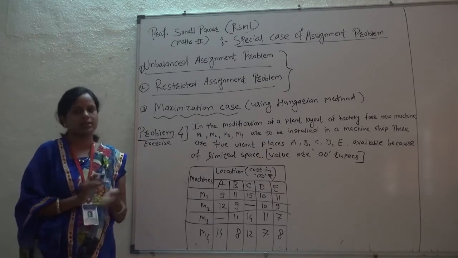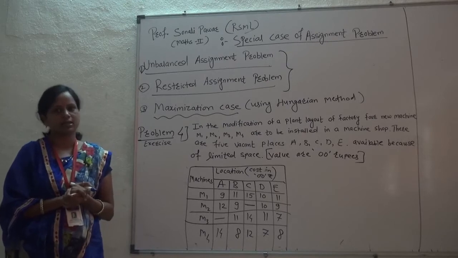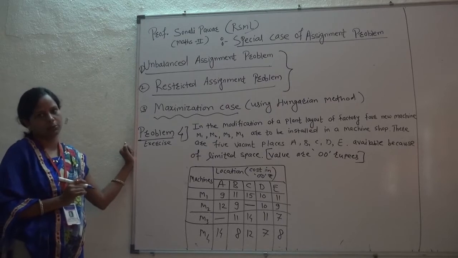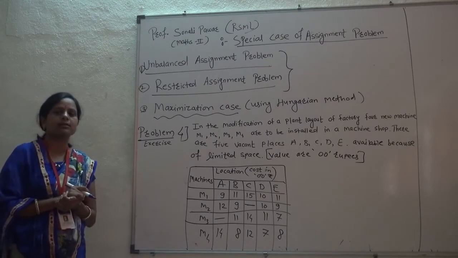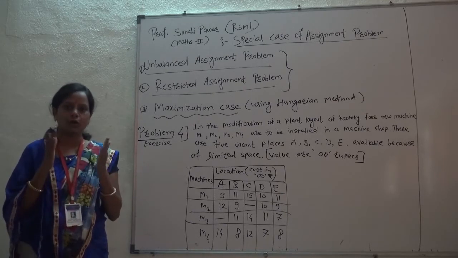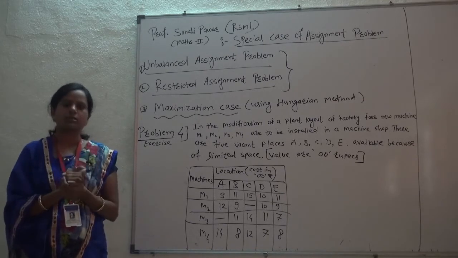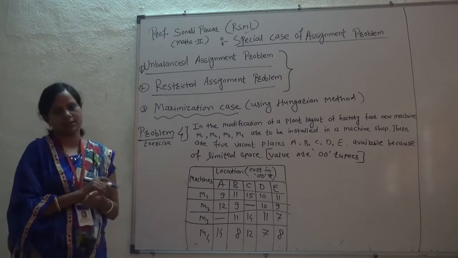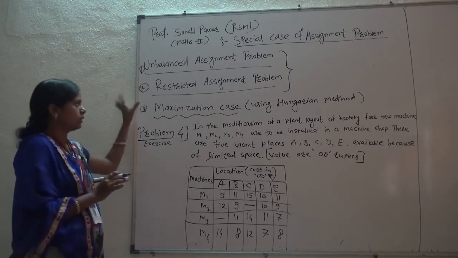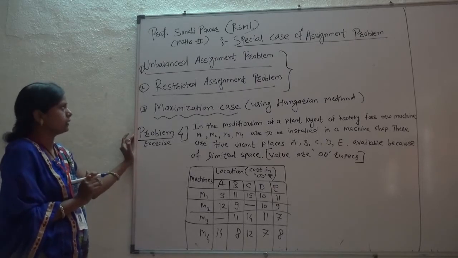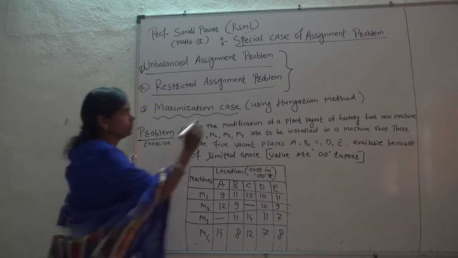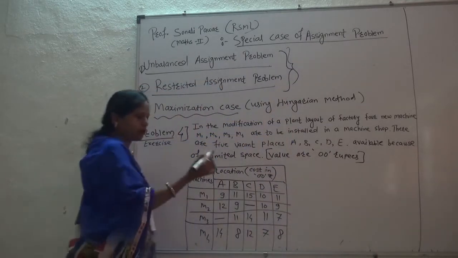In previous lectures we studied the balanced assignment problem, and here we will study the unbalanced one. What is the difference between balanced and unbalanced assignment problems? In a balanced assignment problem, the number of rows and the number of columns are the same, and in an unbalanced assignment problem, the number of rows and columns are different. See here, we will study both the unbalanced and restricted assignment problems from only this example.